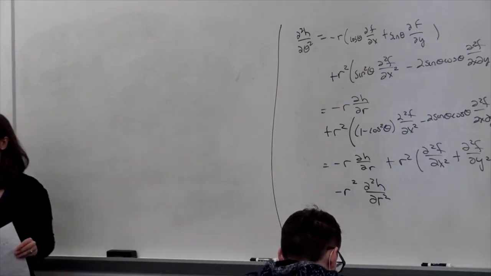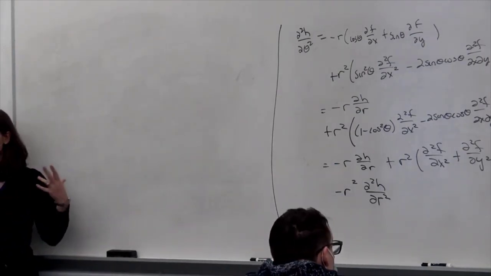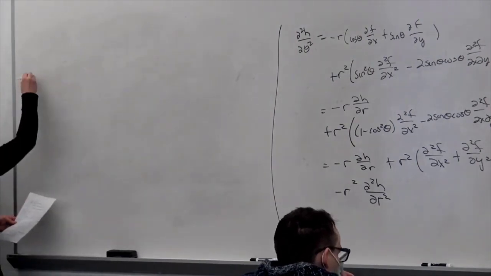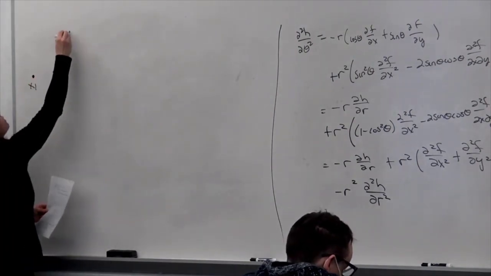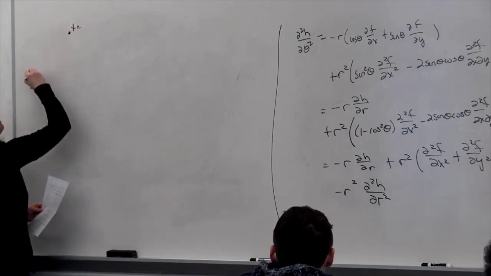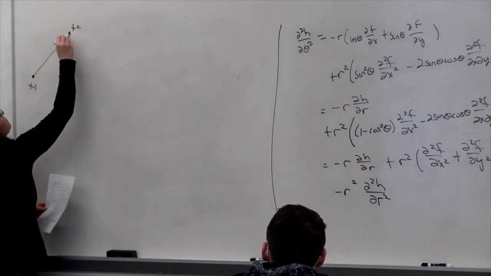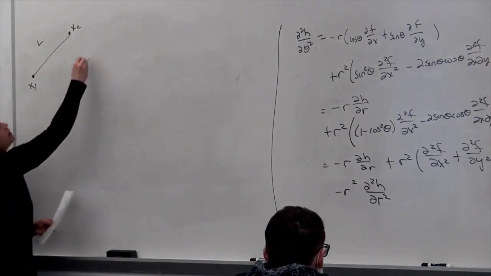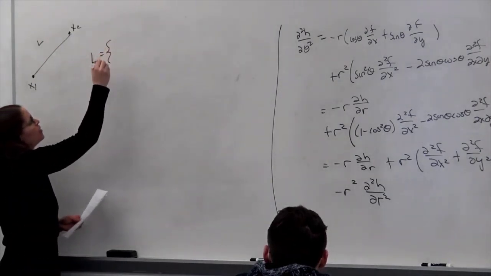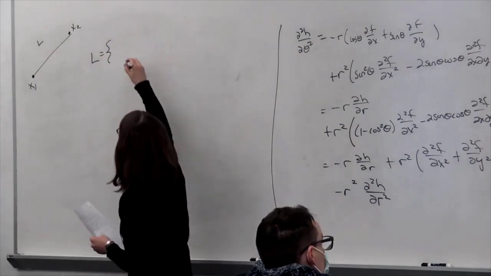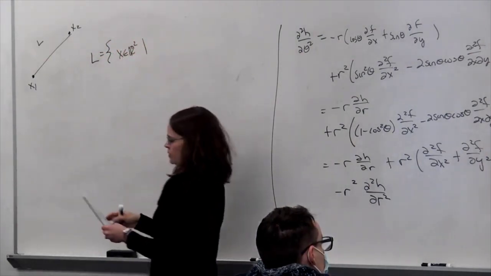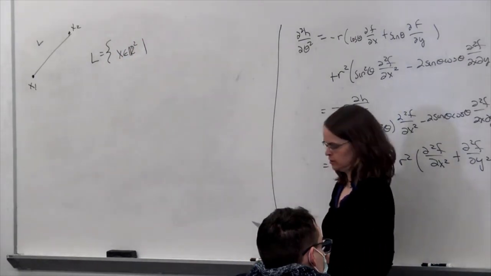Okay, so let's try to prove this. Again, this feels one-dimensional. So here's my x1. Here's my x2. I'm going to call this line segment L. Okay, so L, the line segment, is going to be the set of points in R2 living on this line segment.